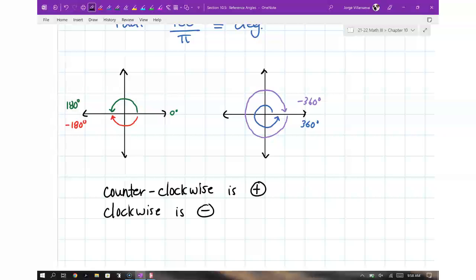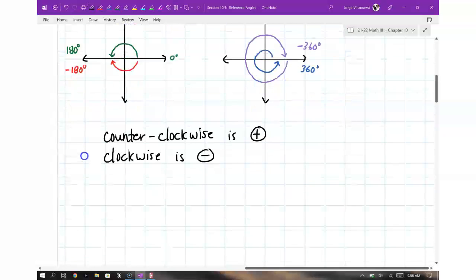Now, to find a reference angle, it just depends on where the angle is. Has it passed the halfway mark? If it's past the 180, then you have to figure out how to draw them.